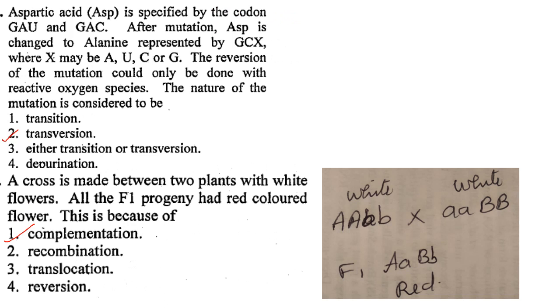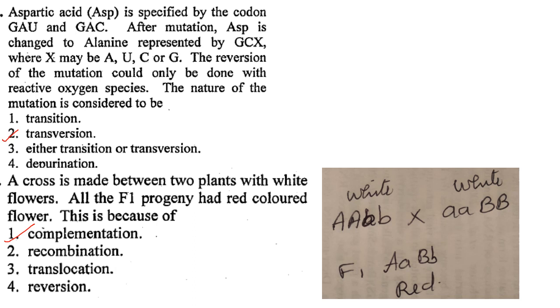Then the next one. Aspartic acid is specified by a codon GAU or GAC. After mutation, aspartic acid is changed to alanine represented by GCX, where X can be A, U, C or G. So GAU or GAC got converted to GCX.